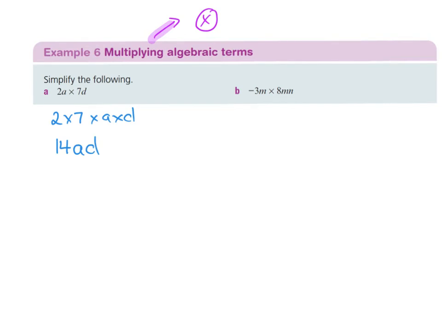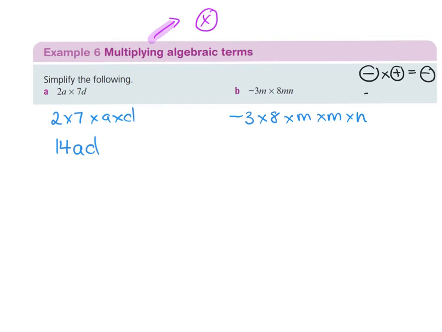So up here in B, we're going to do negative 3 times 8 times M. And then I've got another M and an N. Okay, so now we might need to write down on the side, we have to remember when we're multiplying, if we have a negative multiplied by a positive, we get a negative.